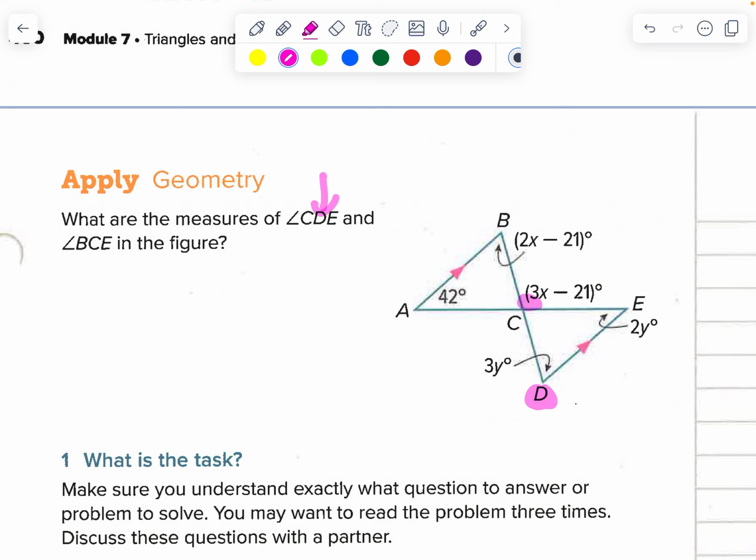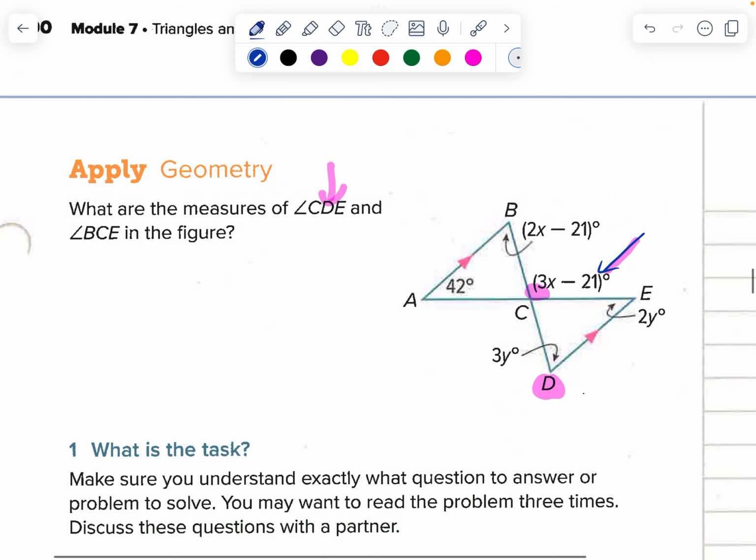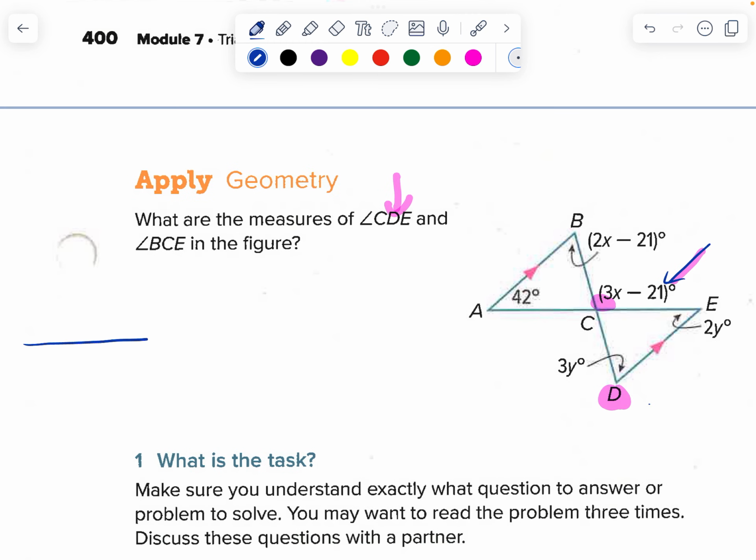So those are the two things we're looking for. So there are a couple of ways that we can look at it. If I want to find this right here, I don't want to do that. If I'm going to go for this angle that's right here, let's rewrite it for a second so that you can see it.